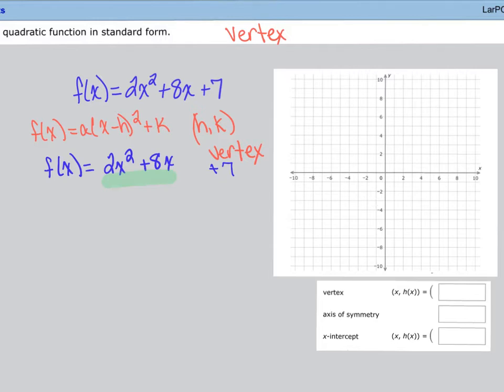Okay, so I've got f of x equals 2 times (x squared plus 2 times what gives me 8? 4.) Okay, now so then I'm going to finish a trinomial, and I've still got that plus 7. Please notice that that plus 7 is outside of what I'm dealing with right now.